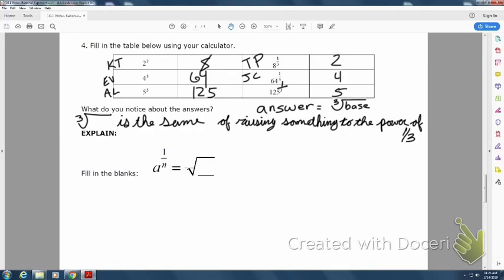So, like I said, the cube root is the same as raising something to the power of 1/3. Those are the same.